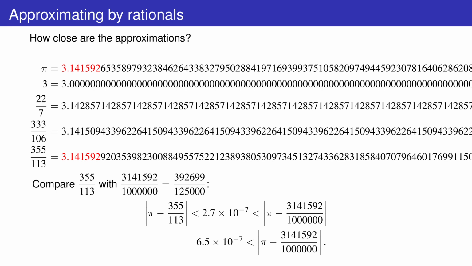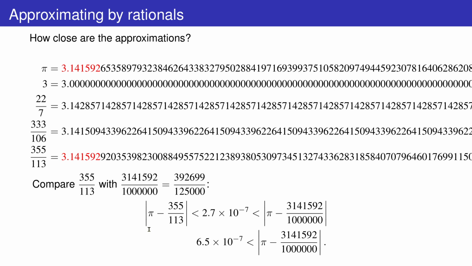And indeed, not only are they both correct to 6 decimal places, but this new approximation is actually quite a bit better than the decimal truncation. We see that the difference, its distance to pi, as it were, is less than 2.7 times 10 to the minus 7, whereas the other one is greater than 6.5 times 10 to the minus 7.